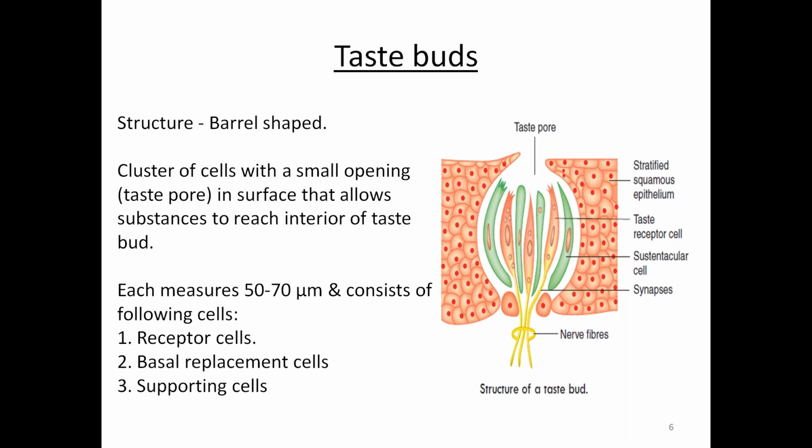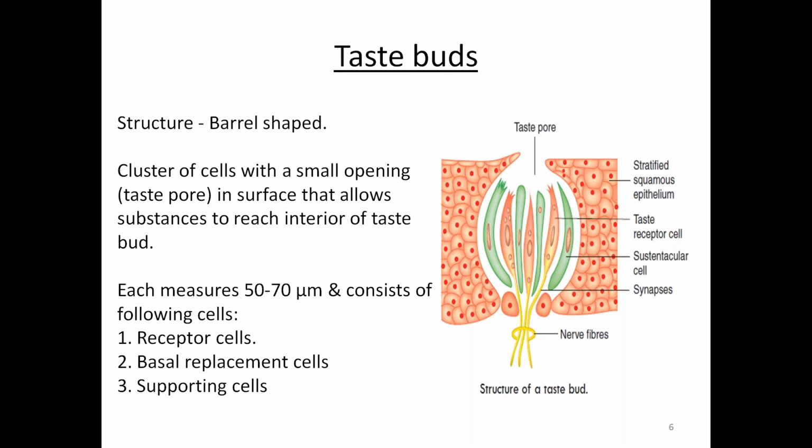So which is the facial nerve? Facial nerve is the 7th cranial nerve, glossopharyngeal is the 9th cranial nerve, and vagus is the 10th cranial nerve. You need to all know that these are the three main nerves which are responsible for the sensation of taste. And we'll talk about them some more in a while.